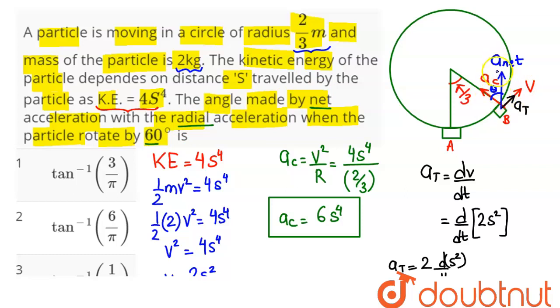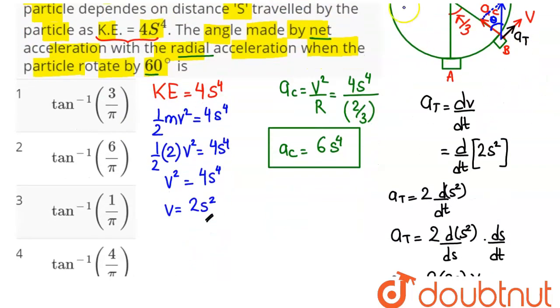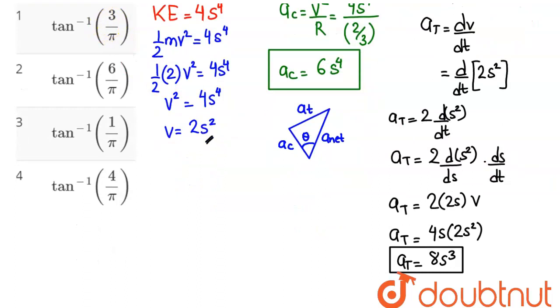If we draw a perpendicular from here to this, this shall also be the tangential acceleration. Hence if we draw this triangle, this angle is the required theta, this side is centripetal acceleration, this side is tangential acceleration, and this is the net acceleration.